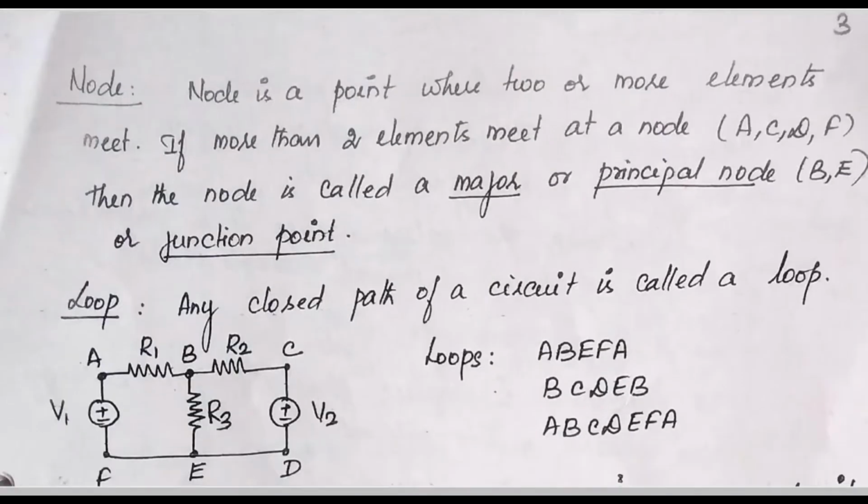Next we'll see what is node and loop. A node is a point where two or more elements meet. If more than two elements meet at a node, then the node is called a major or principal node or junction point. I will explain with this given example. Note down the circuit here.